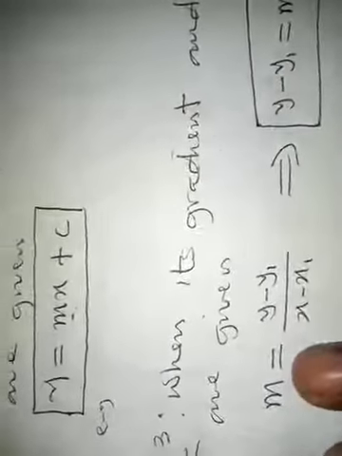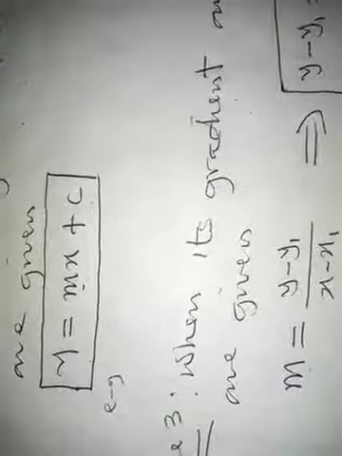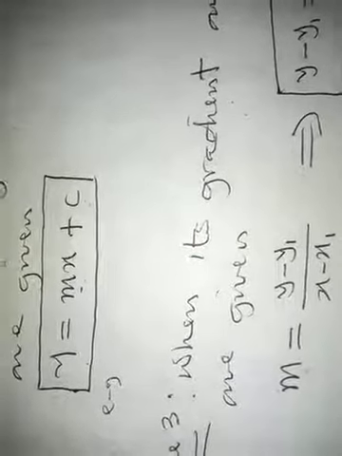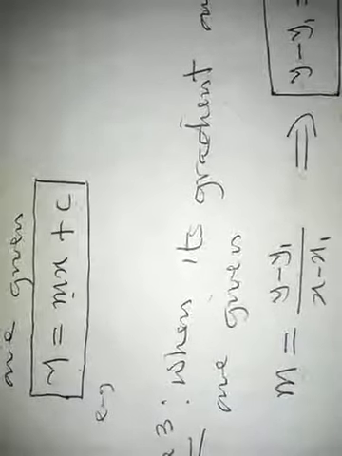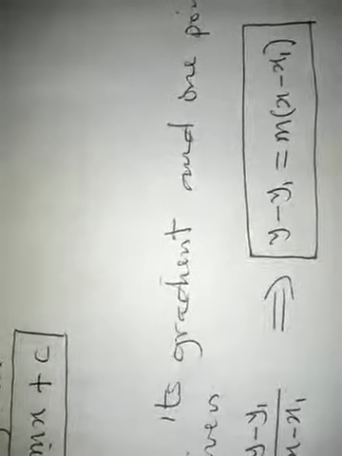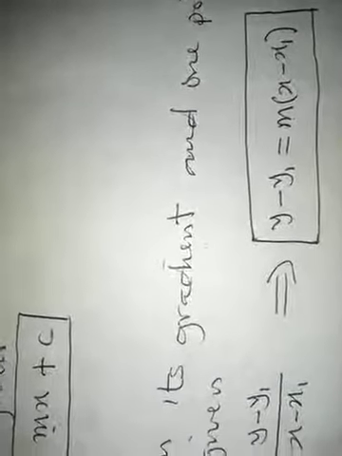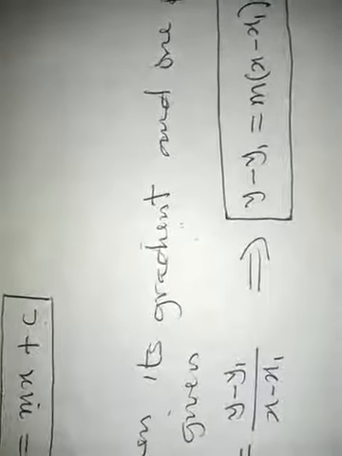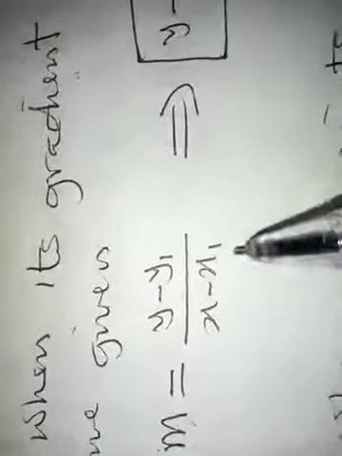Okay, the third case is when its gradient is known. That is, equation of a straight line whose gradient is given and one point on the straight line is also given. We have the formula for that to be m is equal to y minus y1 over x minus x1.